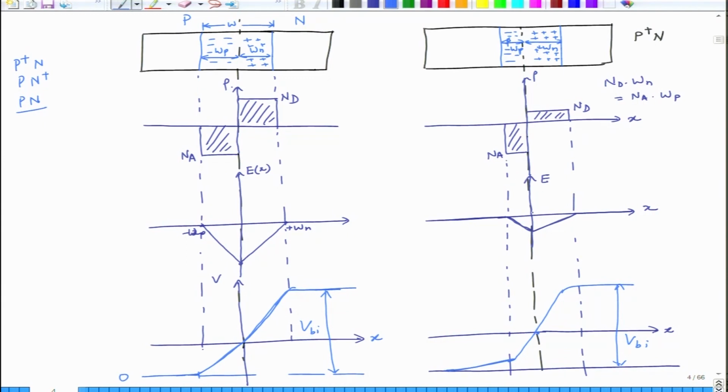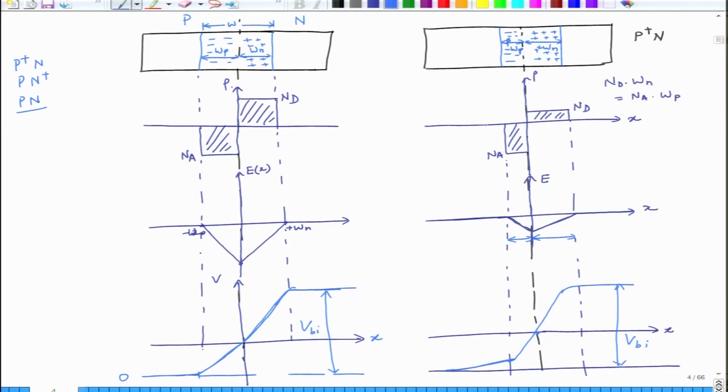So you can see that the electric field goes from 0 to some value in the heavily doped region over a shorter distance than it goes in this region. So the drop in the electric field is more in the region which is heavily doped as compared to the region which is lightly doped, because within that small distance you have large charge density and suddenly you go to 0 charge density here.